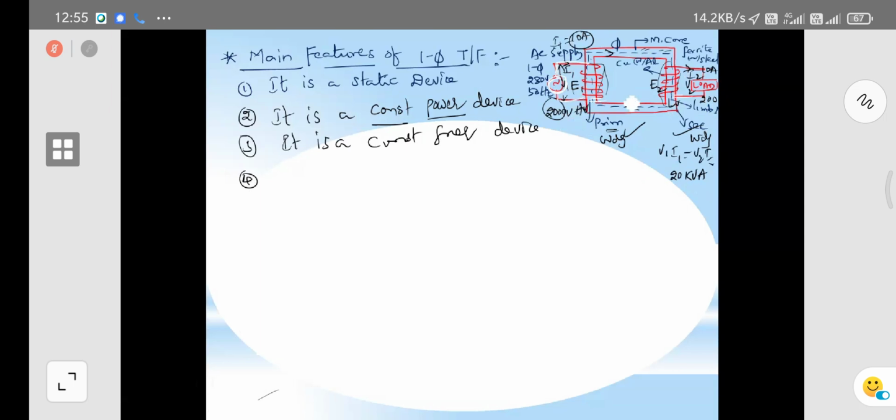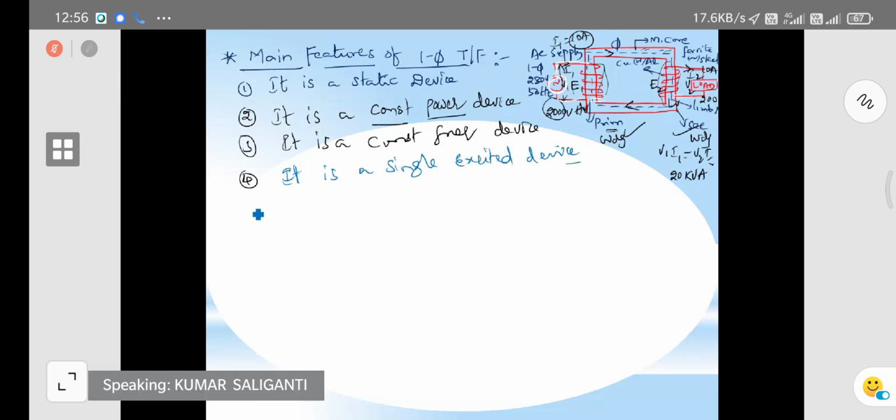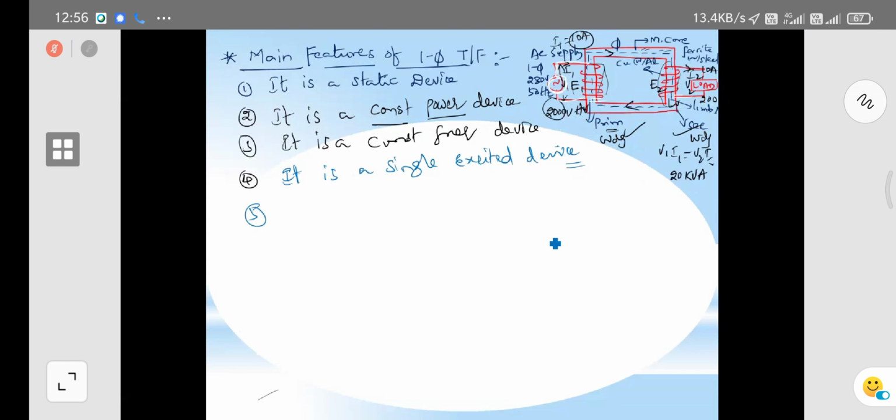So that is why I can write here it is a single excited device. There is only one source needed to excite both windings.